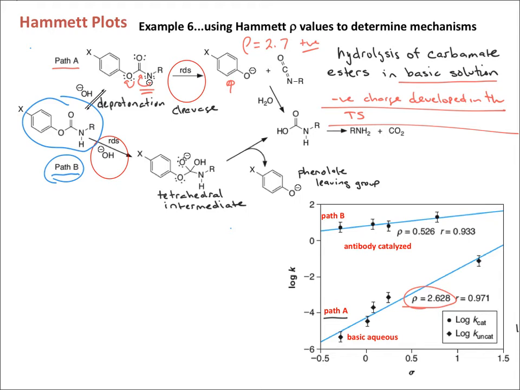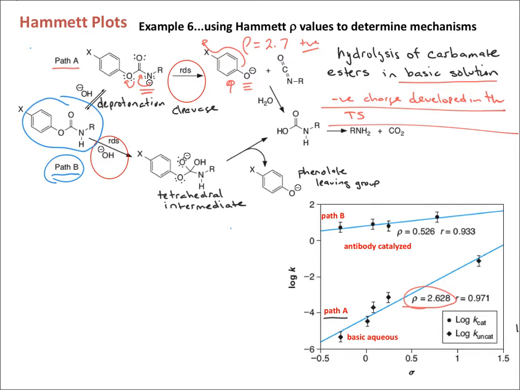And in that rate determining step, negative charge is developed onto the phenolate ion, which can be removed with electron withdrawing substituents. And so this is consistent with the moderate rho value of 2.7.